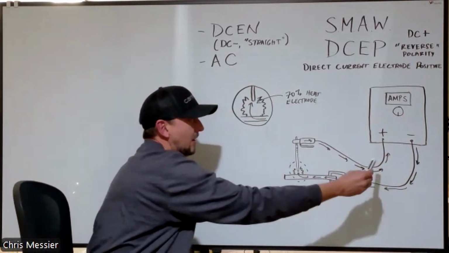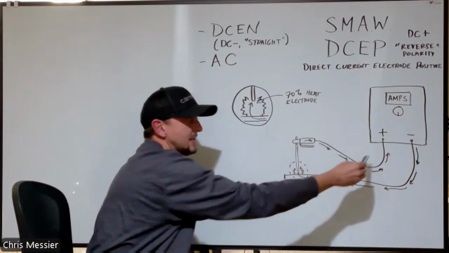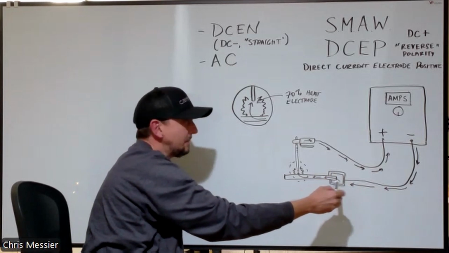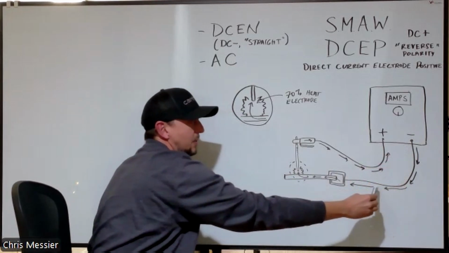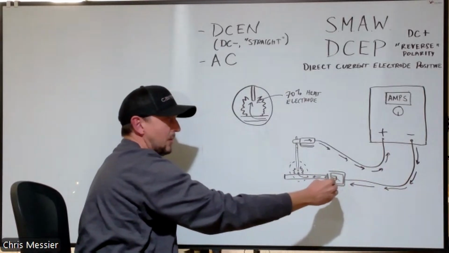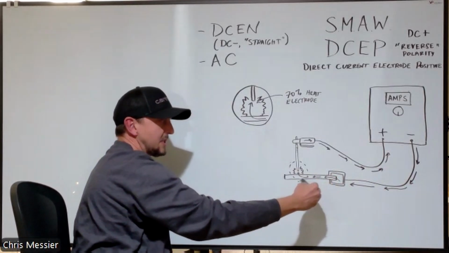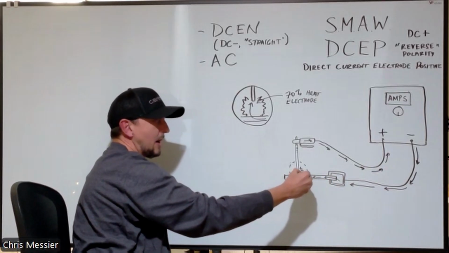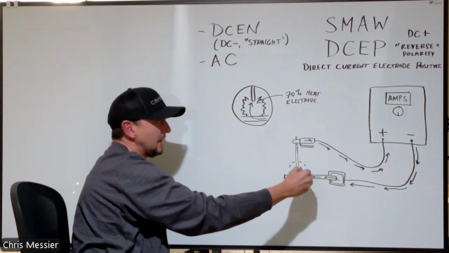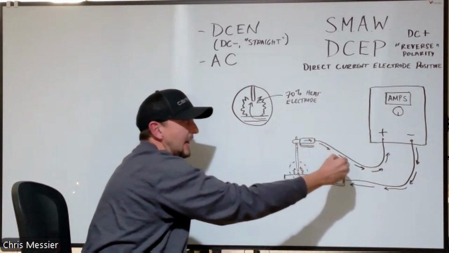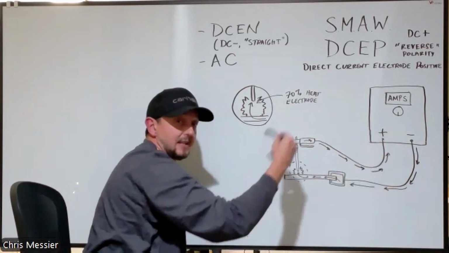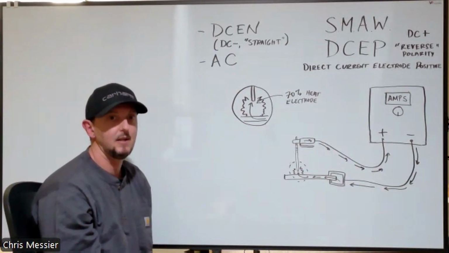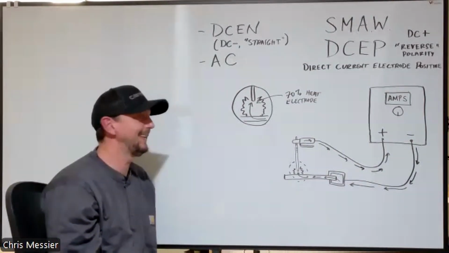In this case, our electrode is hooked up to the positive terminal and our ground clamp is connected to the negative terminal. So our current's going to travel through our ground clamp lead, into our ground clamp, into our base material or our workpiece, and then it's going to make the jump across in the arc zone to our electrode, travel up our electrode, and back to the power source. And it's going to continue in this direction. So always negative to positive, just like your attitude, right?